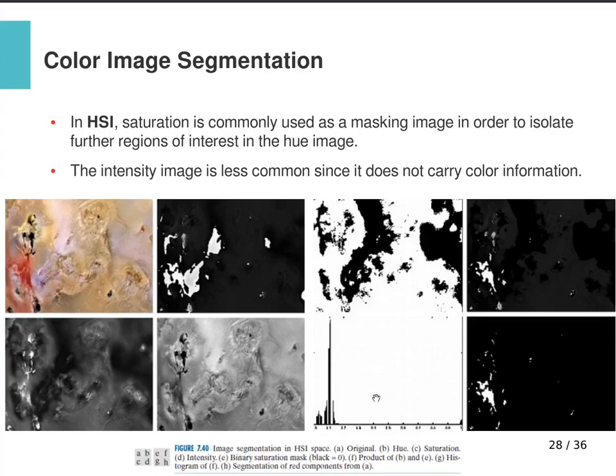Now you can basically segment the red components of the image based on this histogram. Let's say you apply a threshold that can segment the red component of the image. This is the result of segmentation of the red colors in the image.